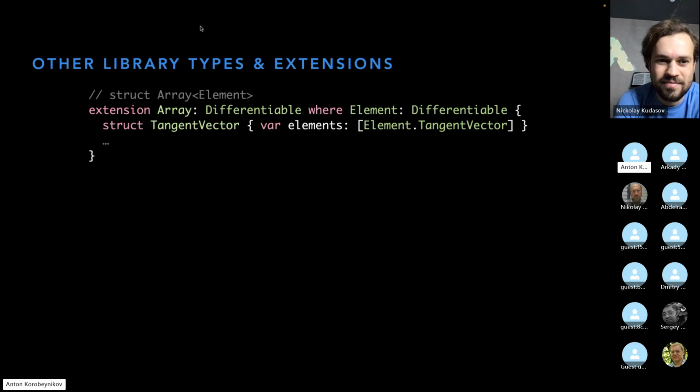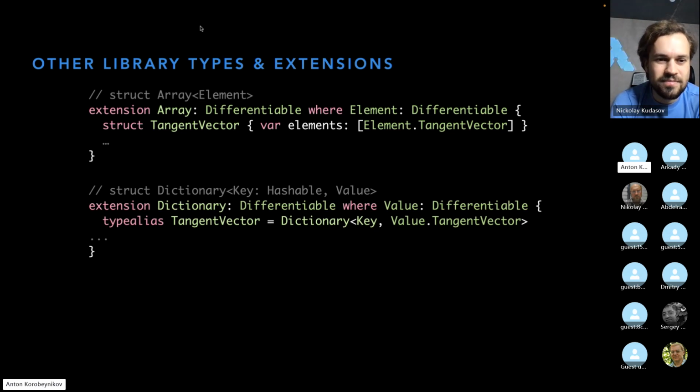All right. So here we have arrays, and arrays can certainly be made differentiable as soon as the elements are differentiable by themselves. We have the same thing for dictionaries. Again, we can view the dictionary as just a collection of things, so we can make them differentiable if the values are differentiable.